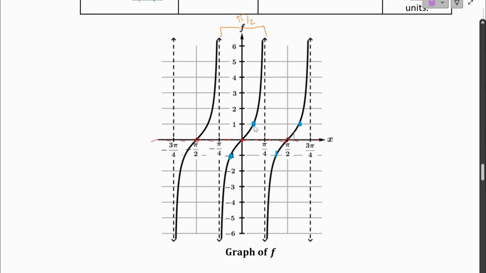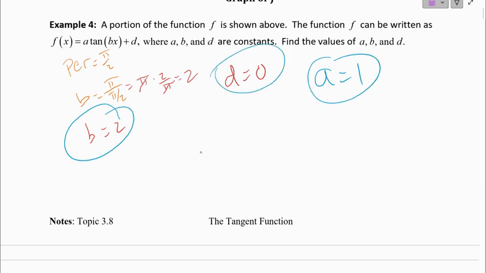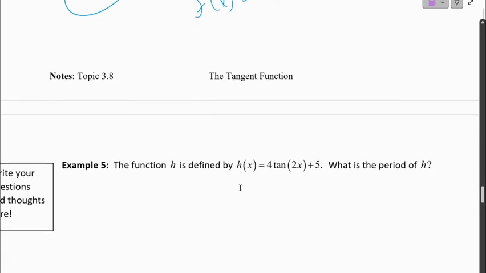We just need to see what the y value is compared to the y value of the midline. Well, the midline's at 0, so we're just comparing it to 0. This is 1 above, this is 1 below, so our a value is 1. And there you go. We could write this as an equation, but they don't want us to. But just for the sake of seeing it, I would write it as tangent of 2x. I don't need the 1 in the front, and I don't need the plus 0 at the end. All right, let's keep going.